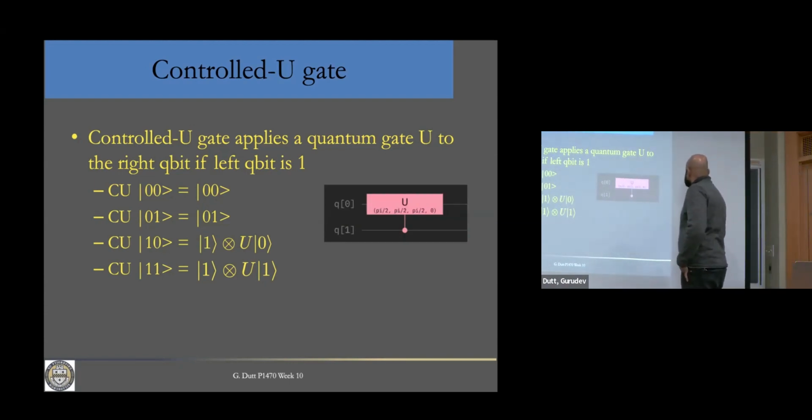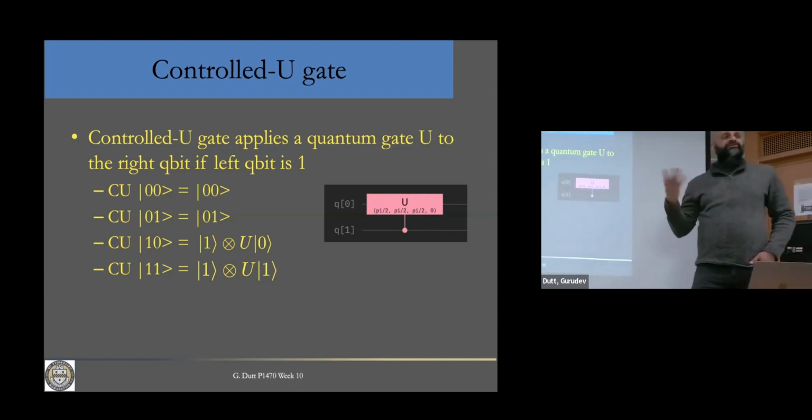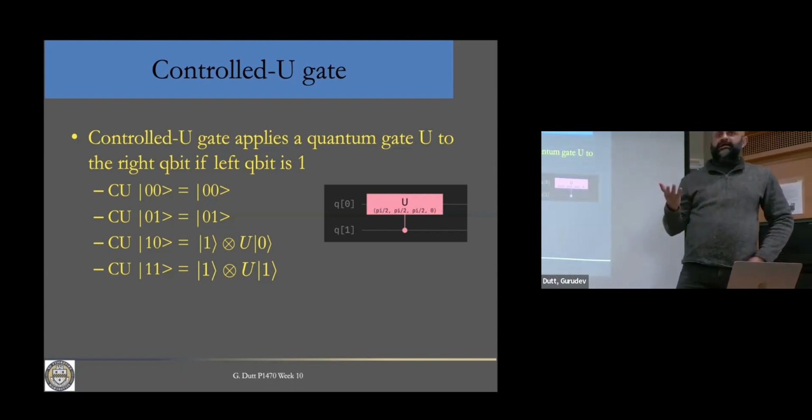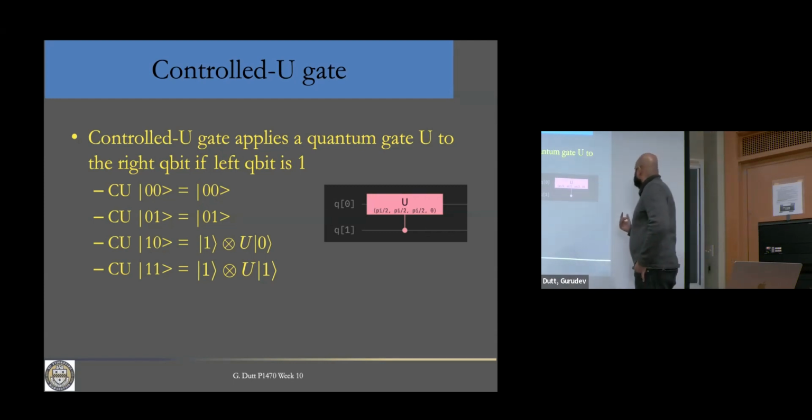Here, for example, from IBM Composer, you can create some generic U. Remember, U when we learned about single qubit gates can be specified by a bunch of angles and phases. If you cast your mind back, with theta and phi, for example, and gamma, and an external phase, you can create any U that you want in the qubit space.